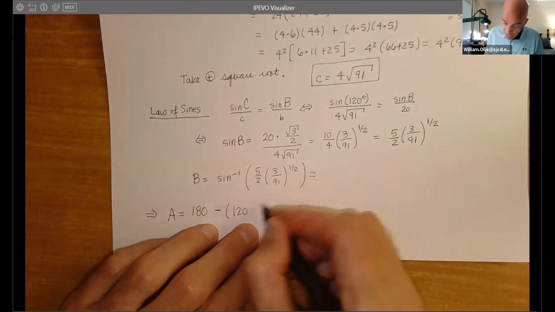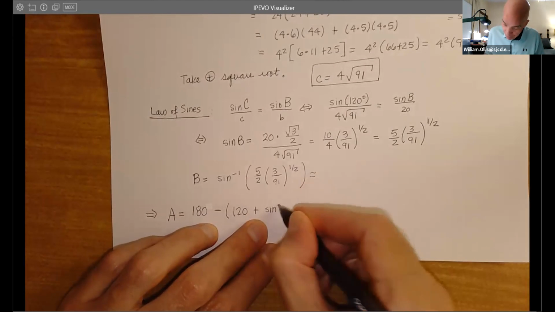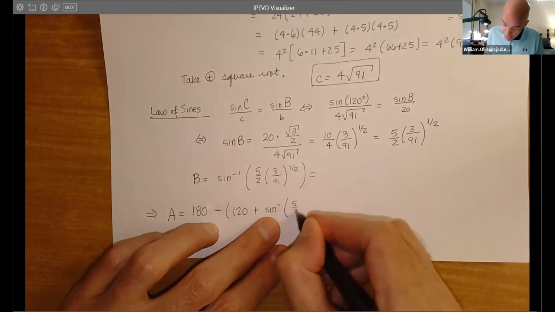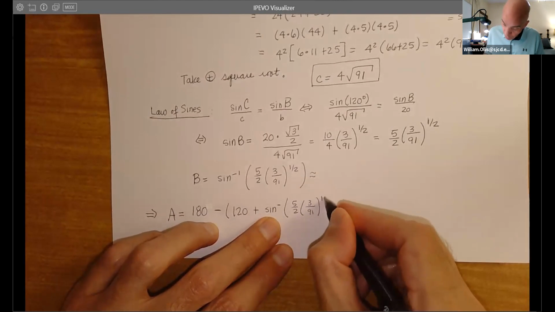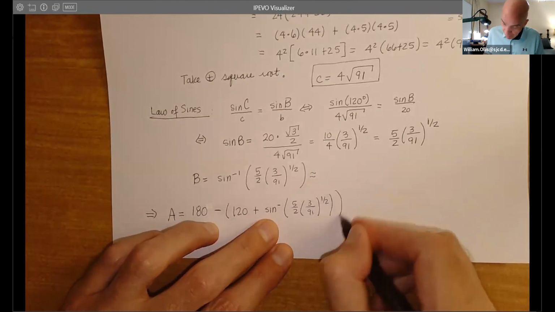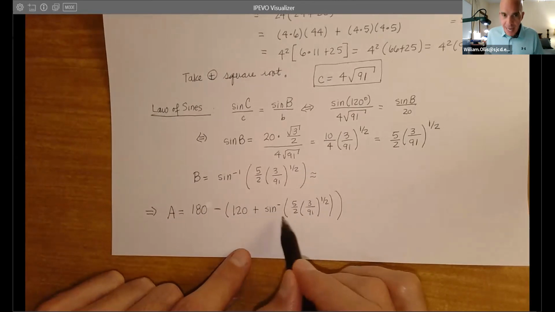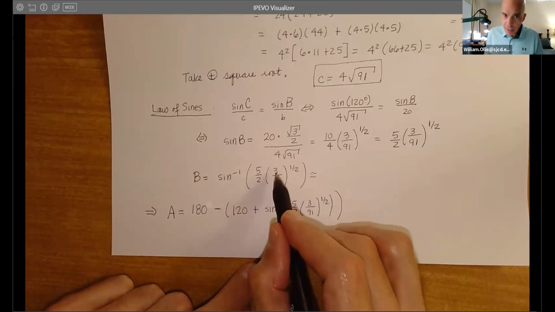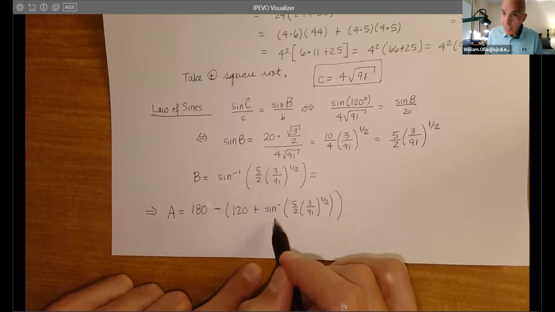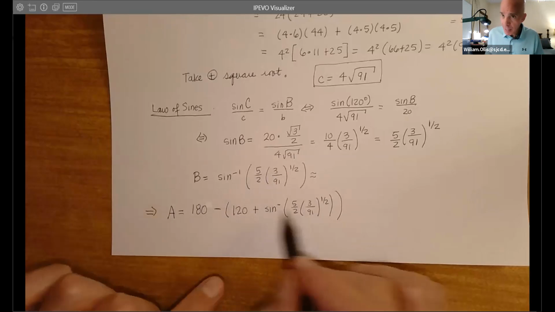And then this will be in degree mode plus inverse sine 5/2 times 3/91 square root. So the thing is that this is an exact calculation here, but if you compute this, you can use this nice decimal approximation in here without any rounding, without having to input this again.